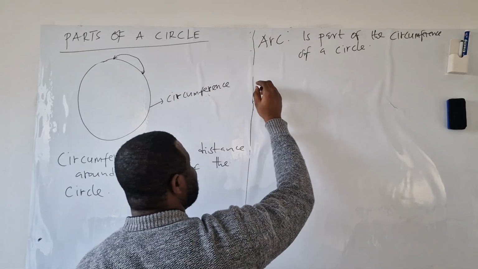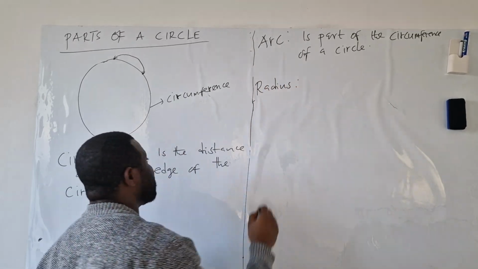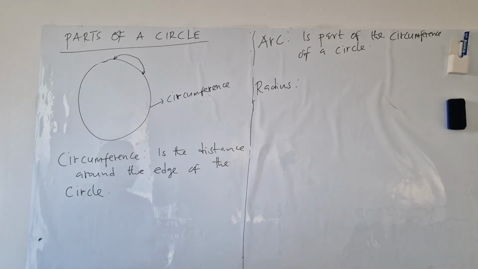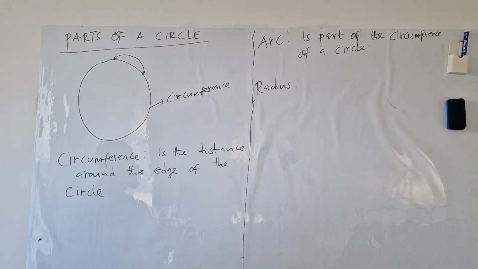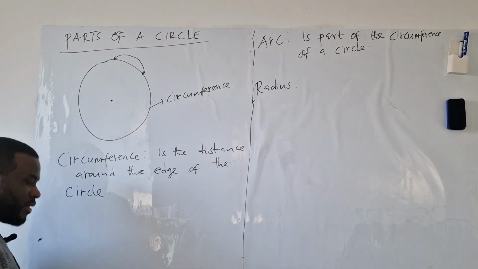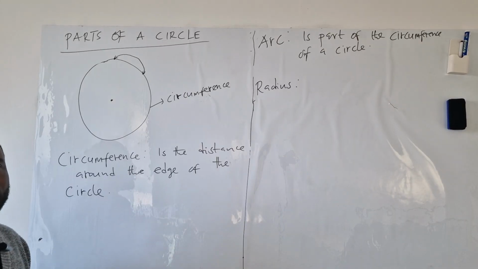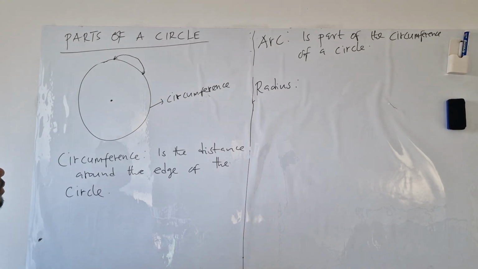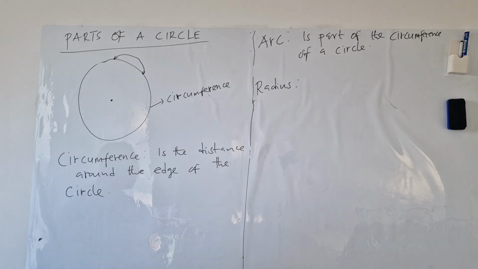Next thing to look at is radius. Before we can show the radius within the circle, we should have the center of the circle. So let's say this is the center of the circle, and the center is the middle part of the circle. Good.